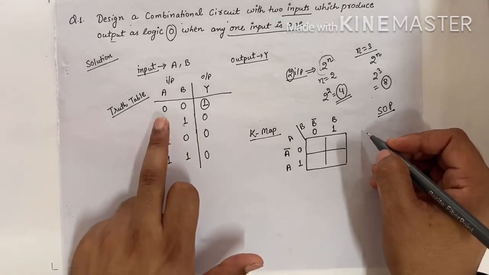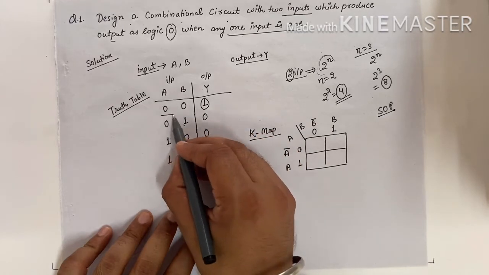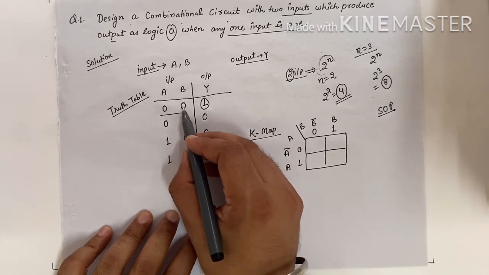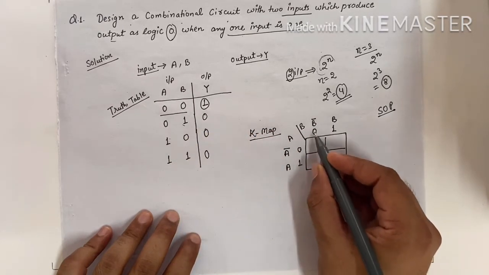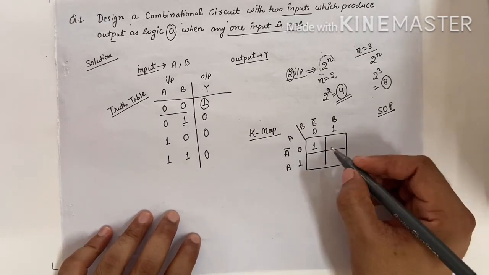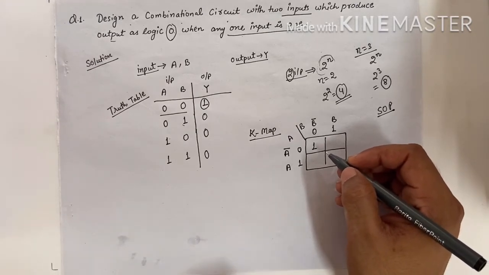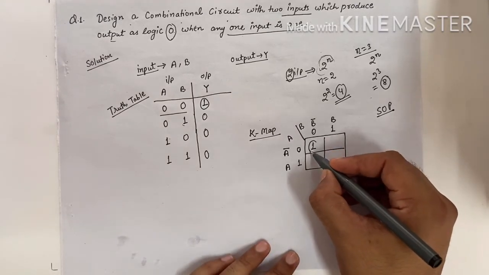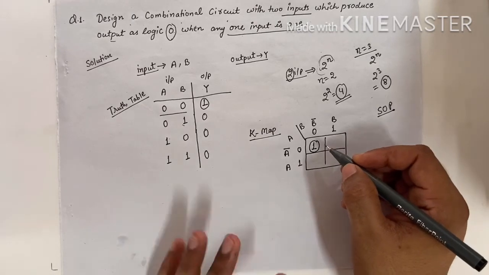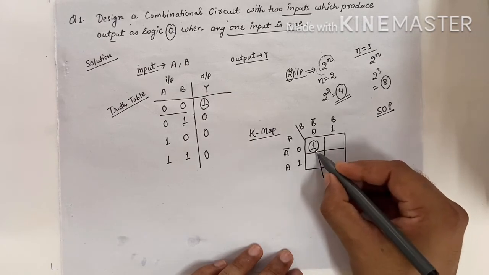Now you can see in the truth table that the output is 1 only when A is 0 and B is 0, so we write 1 here. This is the output 1. Now we have to group the cell. We group it this way because this is the only one in the cell. We have to write the Boolean expression.